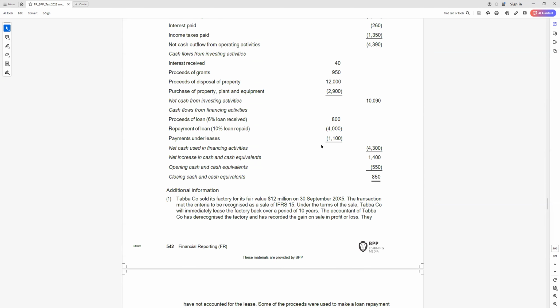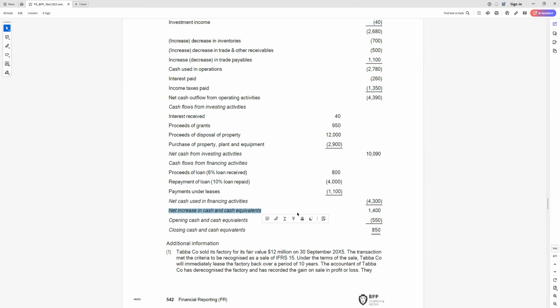If you look at this cash flow statement, you can say it's not bad, because overall, after adjusting operating, investing and financing, the company is not in a bad situation, since they have an overall cash increase of 1.4 million. Of course, we have some opening balance overdraft, and because of that we have 850 left in the bank right now. But for this year, 1.4 million is not bad. So as a healthy sign, it is a positive, you can say that.